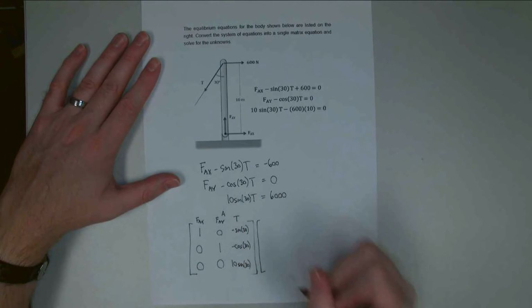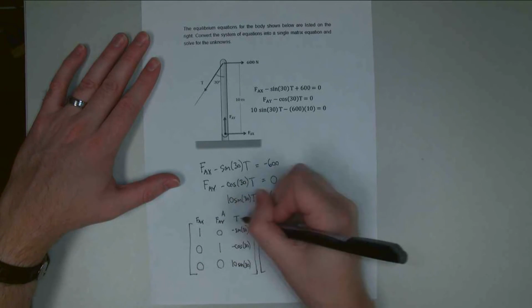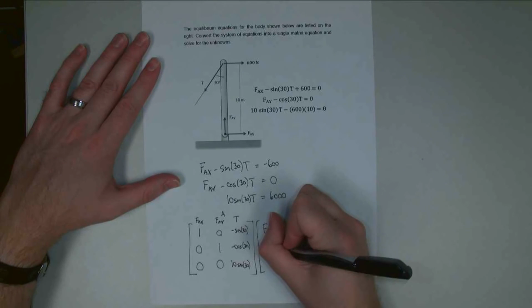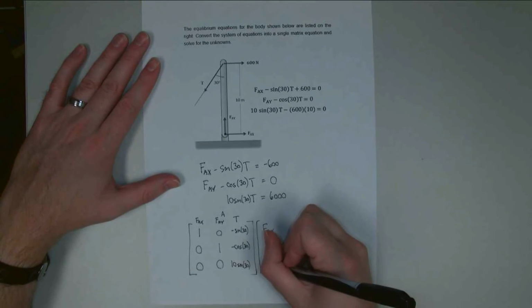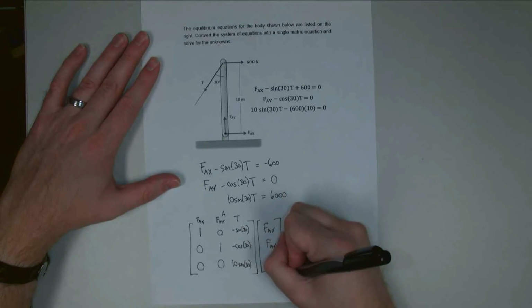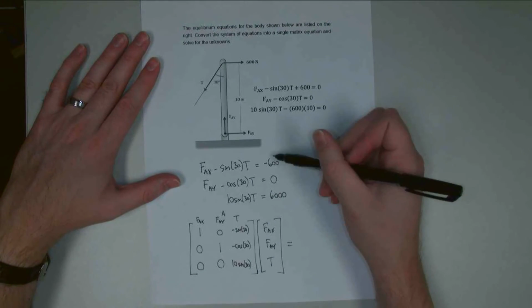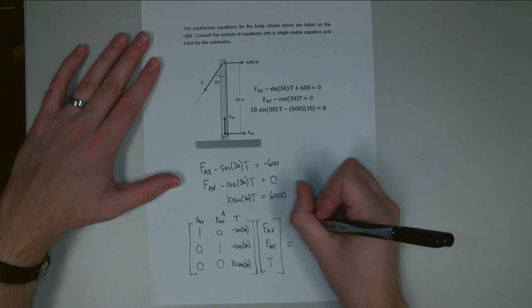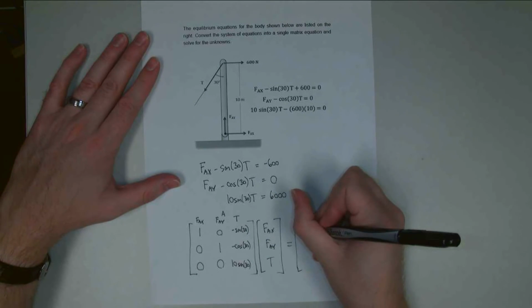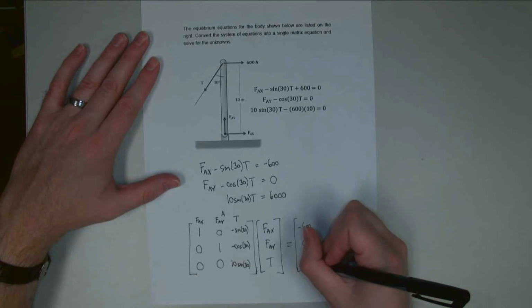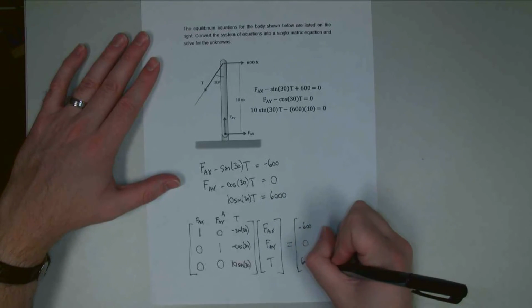That's going to be multiplied by the variables I had in the same order, the unknowns. So FAX, FAY, and tension. And that is equal to a matrix, or a vector really, of these values. So that first equation was equal to negative 600, the second equation was equal to 0, and the third equation was equal to 6,000.